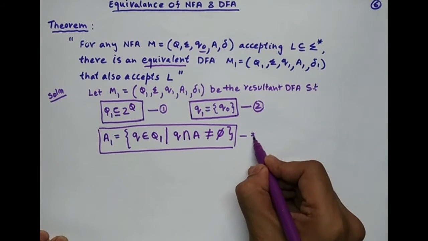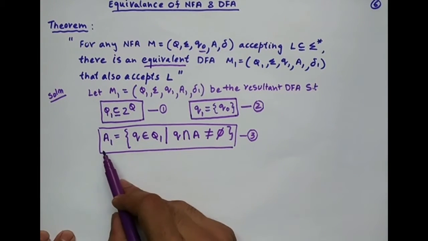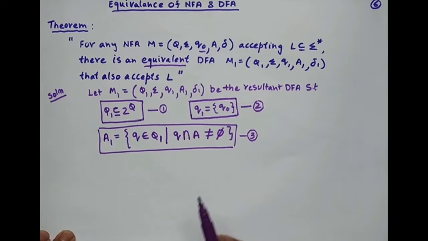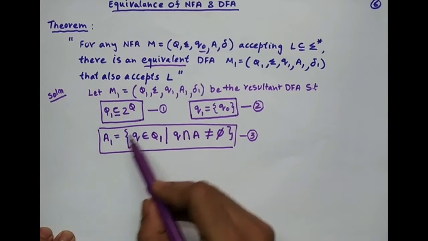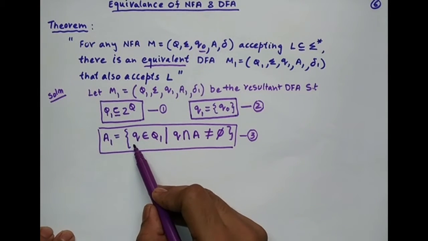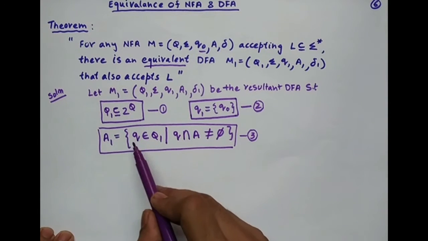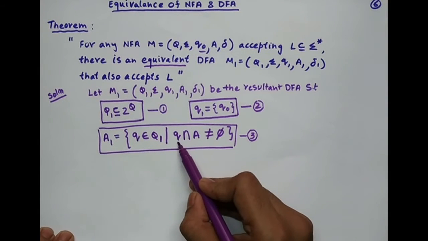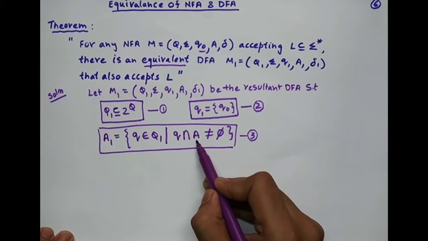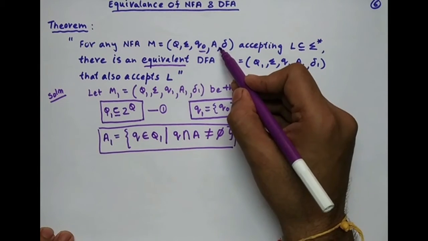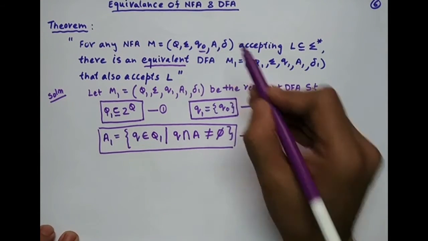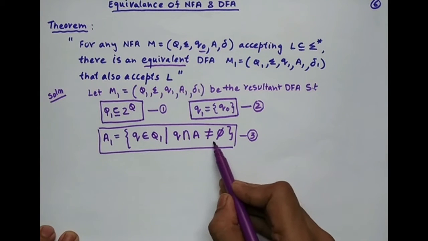So this is equation 3. What is A1? A1 is the set of final states in DFA. Each state q in that set of final states will be such that q intersection A is not equal to null.